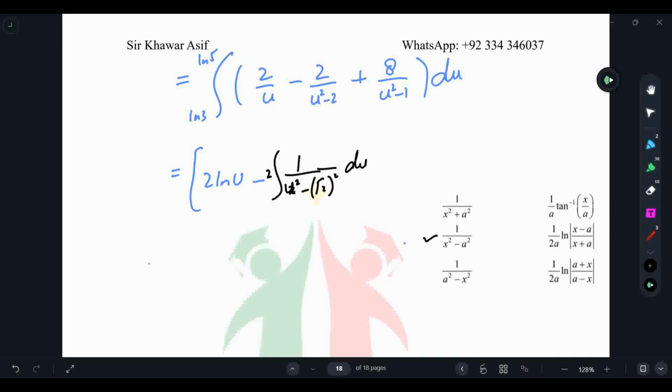So du. Okay, we will integrate it later, but we can write it again as 1 by u square minus 1 square du, and then we have to put the limits natural log of 3 to natural log of 5.